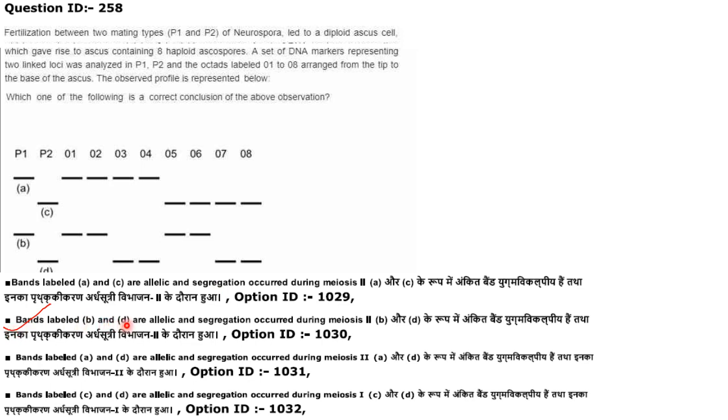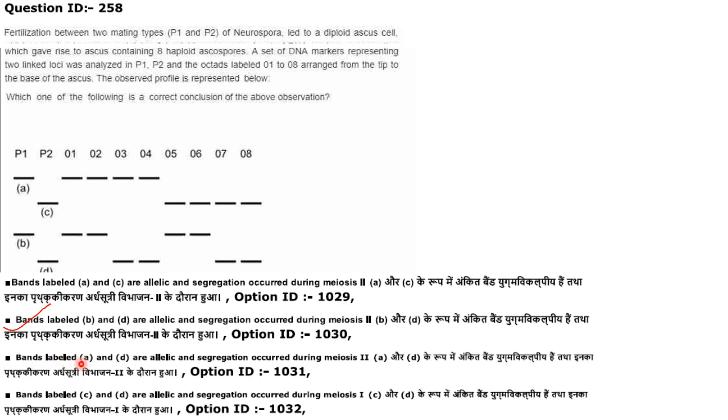Bands labeled B and D: these two bands are allelic and segregation occurred during meiosis 2. B and D are allelic, that is okay. B is 2 here, 2 here. D also 2 here, 2 here. So it is a 2:2:2:2 ratio, and segregation occurred during meiosis 2. That's correct because the 2:2:2:2 ratio is a second division segregation ratio. So option 2 is correct.